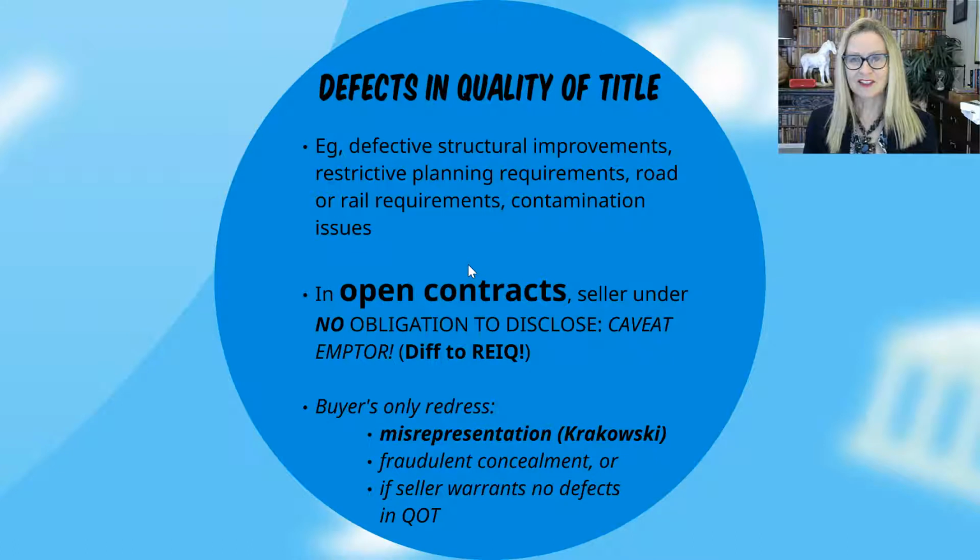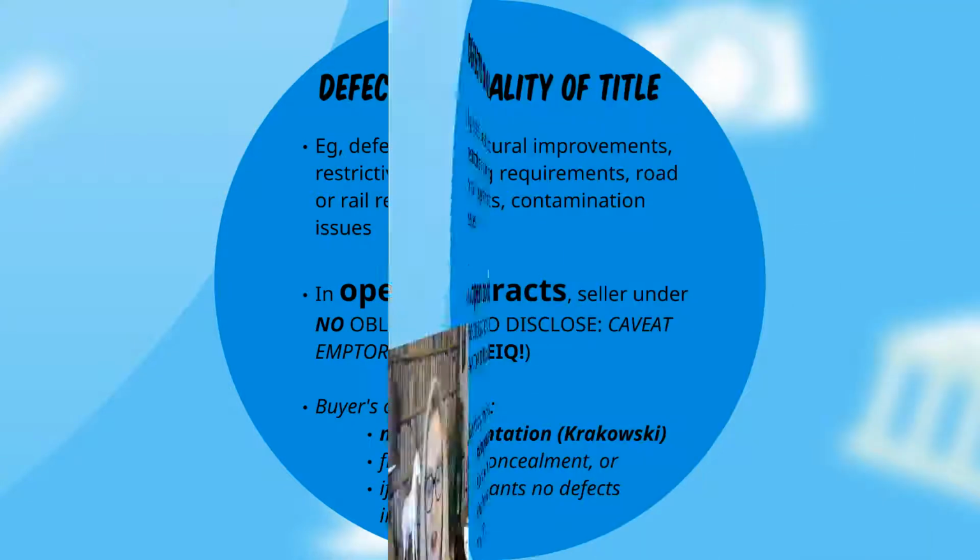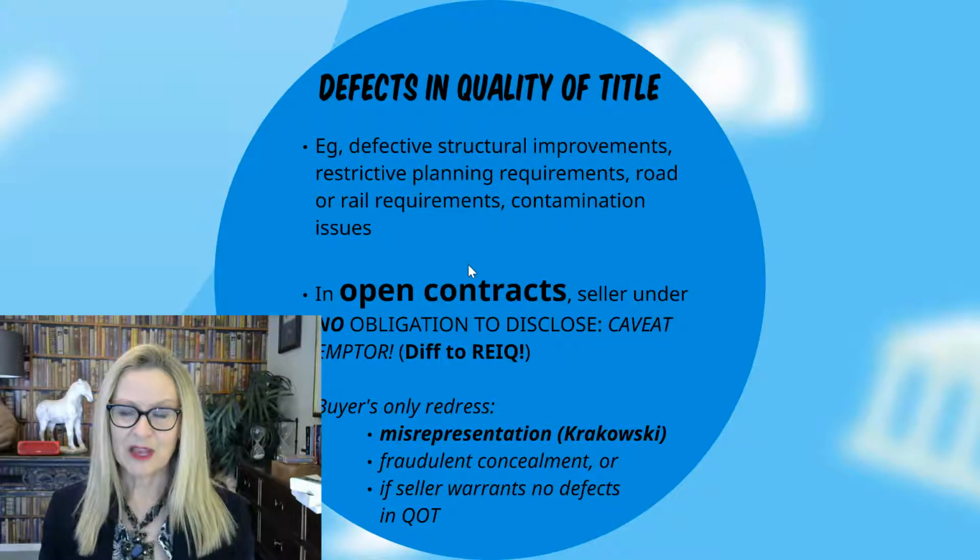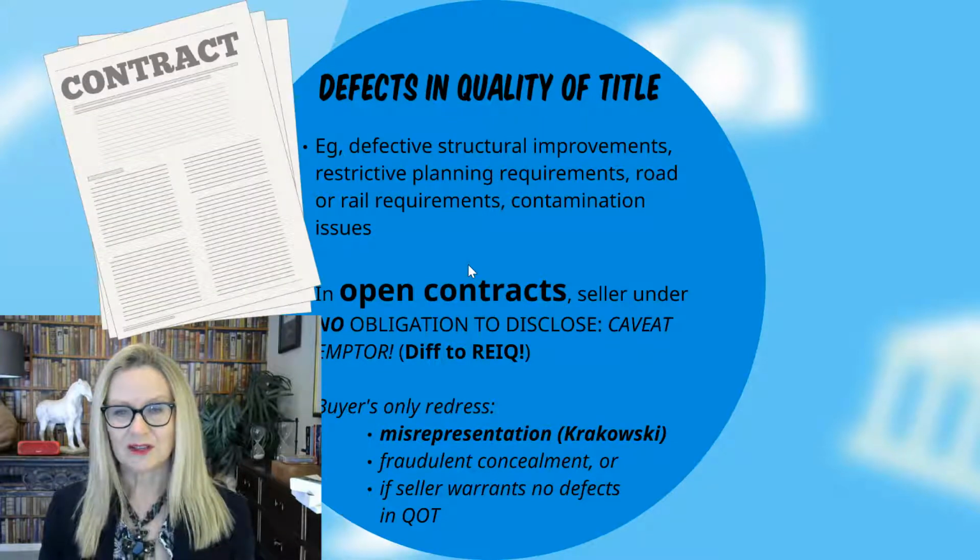The Krakowski and Urilin's case is probably one of the more memorable cases on this point. So in that case, we had the sale and purchase of a shop that was subject to a lease.